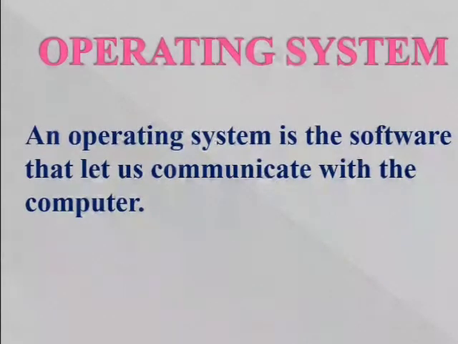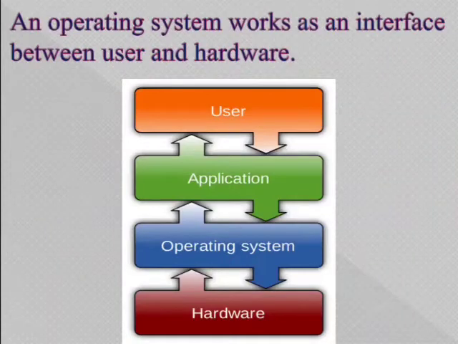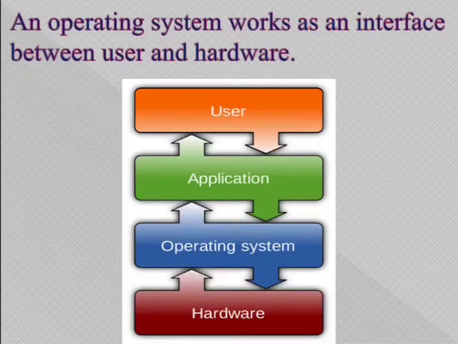This is known as an operating system. An operating system is the software that lets us communicate with the computer. An operating system works as an interface between user and hardware.